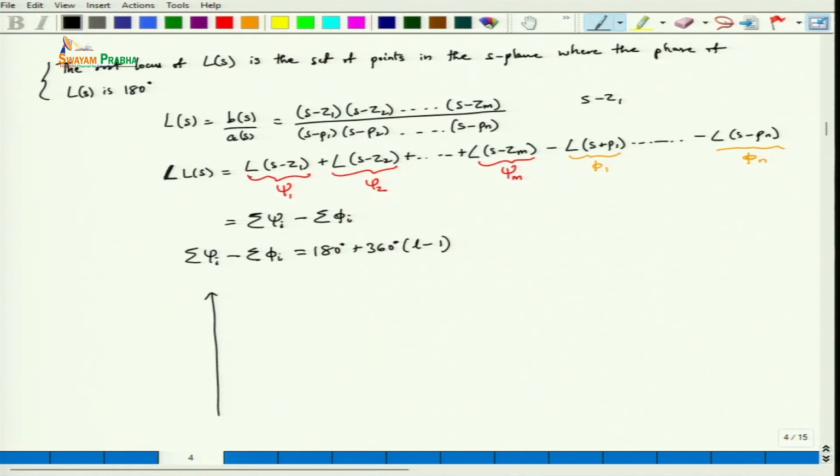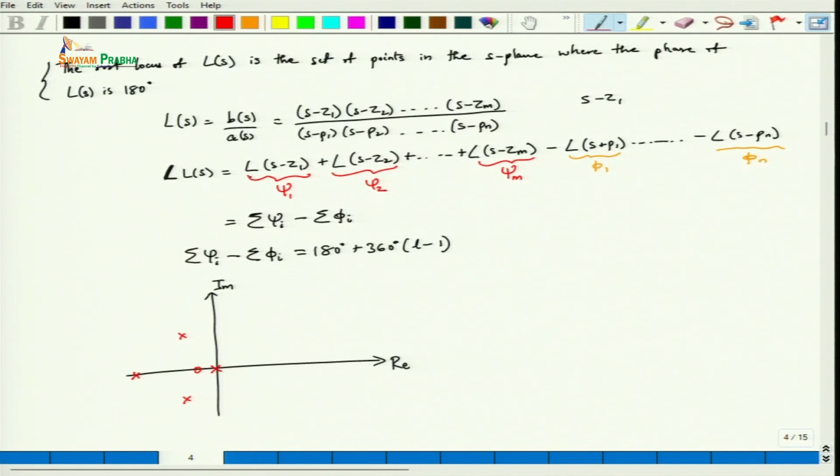So what we do is, say we are given a particular system, and we create a pole zero map in the S plane. So here in this case, say for this system there is one pole here, then there is another pole here, and we have two poles here, and we have a zero here.